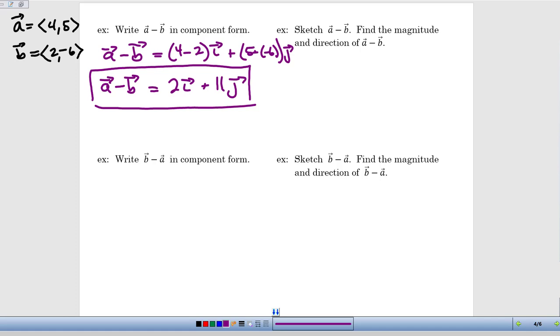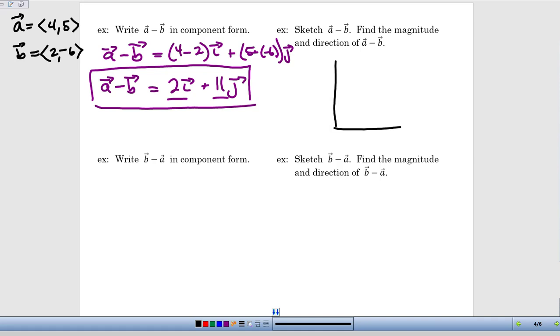So then, as I alluded to previously, we can take these components, the resultant vector, and we can sketch that resultant vector, and then find what the magnitude and what the direction of that vector is. So with values of 2 and 11 as our horizontal and vertical components, we're going to have a vector that's oriented in the first quadrant.